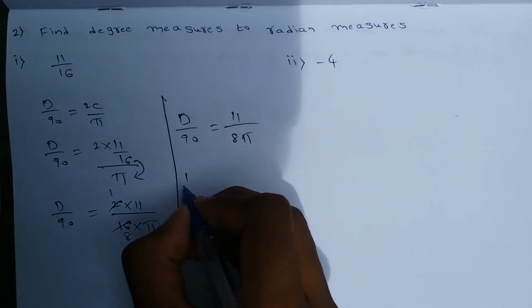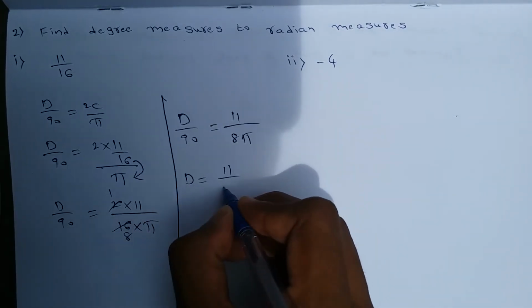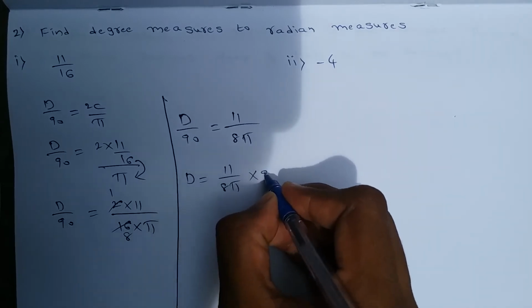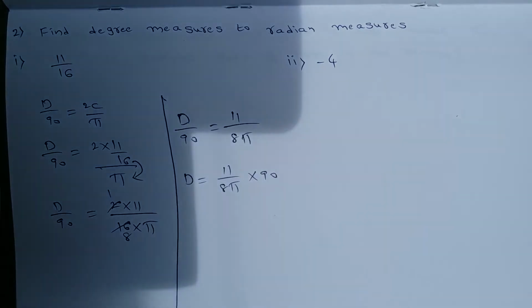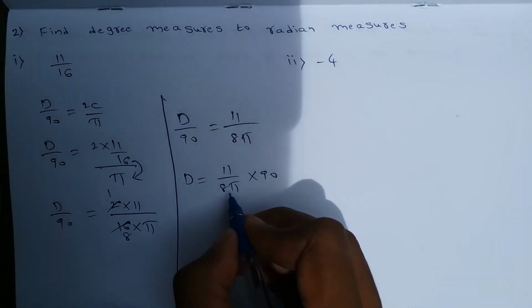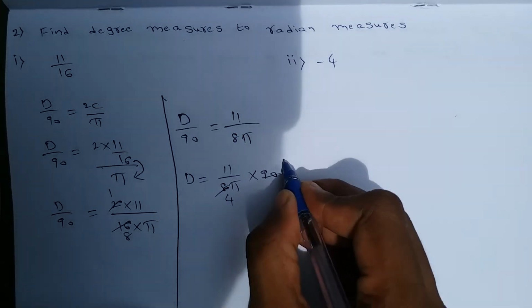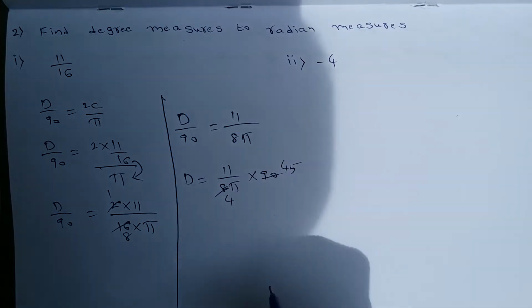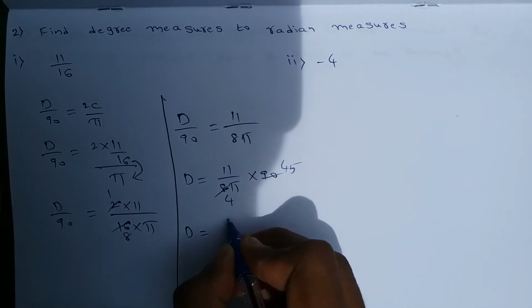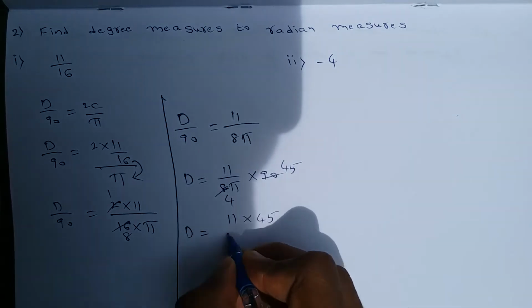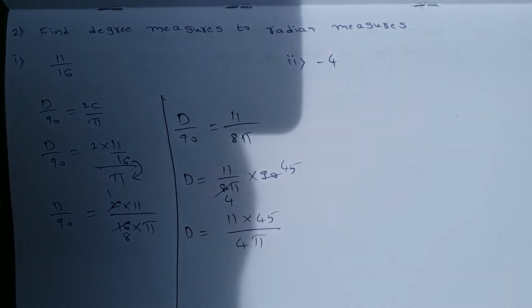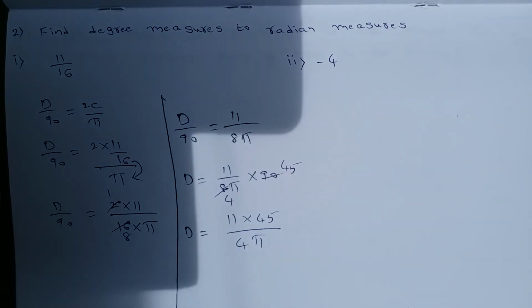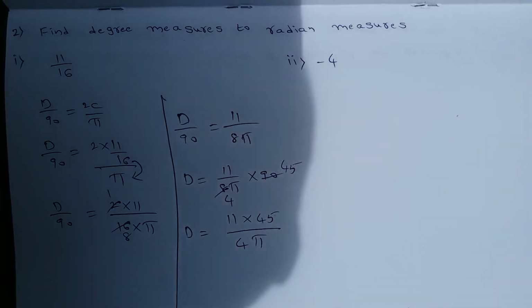So we get d is equal to 11 by 8 pi into 90. If you do cancellation, 2 4s are 8, 2 45s are 90. So we remain with d is equal to 11 into 45 by 4 pi degrees.